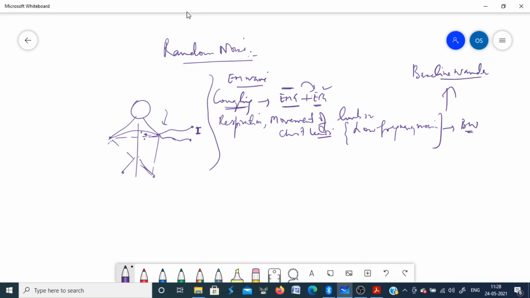So baseline wander is basically low frequency noise. So if you record an ECG signal and if the patient moves, or due to the loose contact of these electrodes that you place on the body surface, in place of getting a signal like this, you get a signal like this. So it may go up and down.